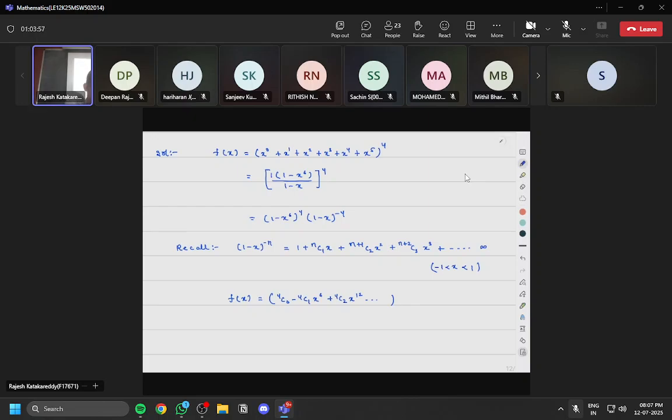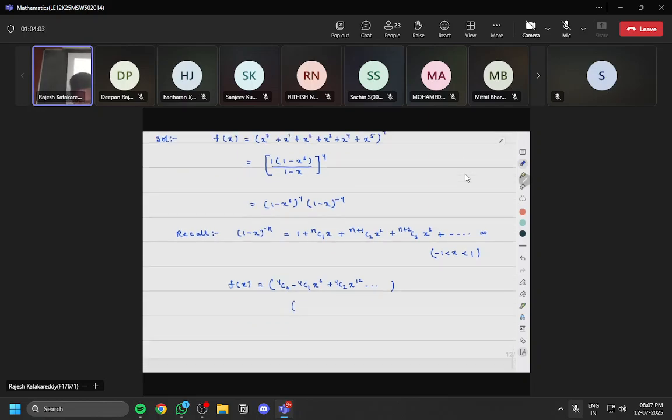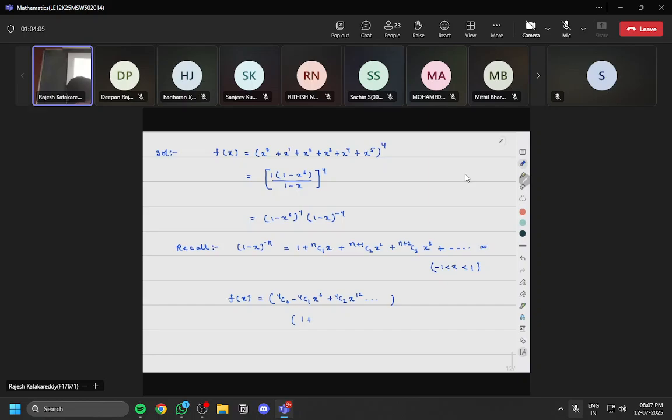We don't want 12, so we are not taking it more than that. Now, next we are expanding here. This will be 1 plus 4C1 into x plus 5C2 into x square plus 6C3 into x cube, 7C4 into x power 4 and so on. Infinitely many terms I have.